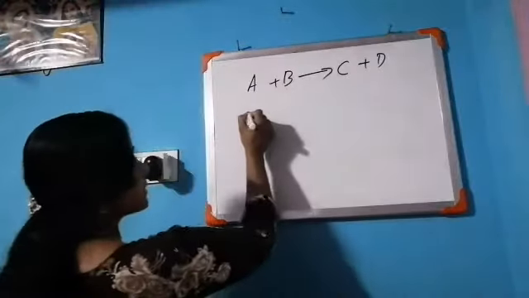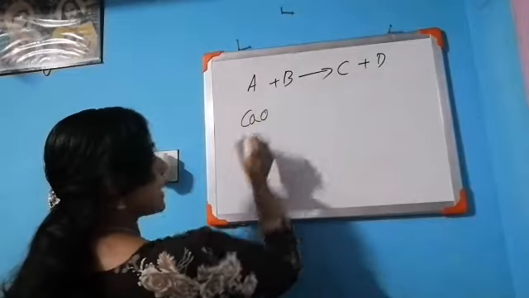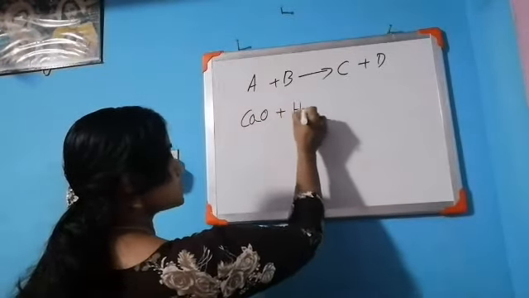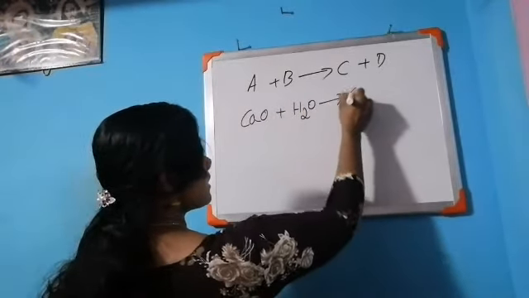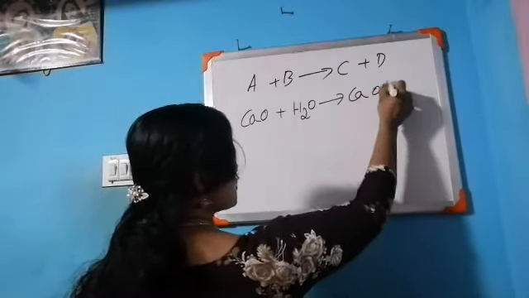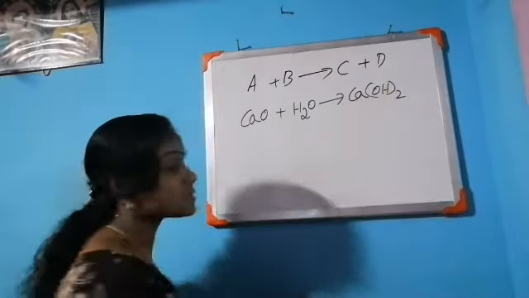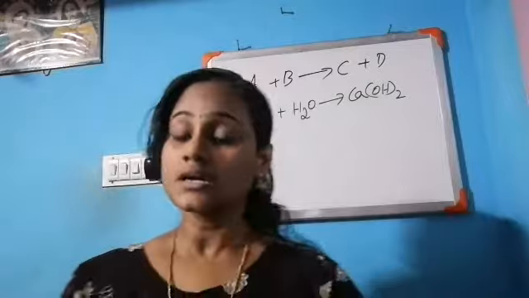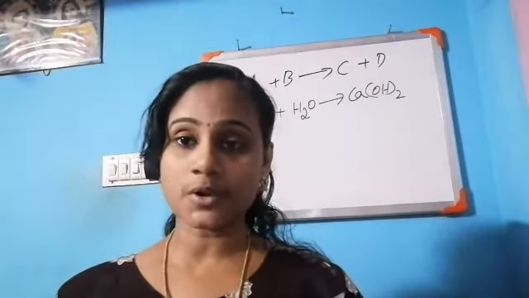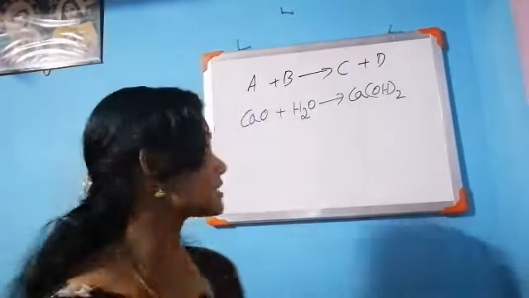For example, CaO, calcium oxide, reacts with water to produce calcium hydroxide.